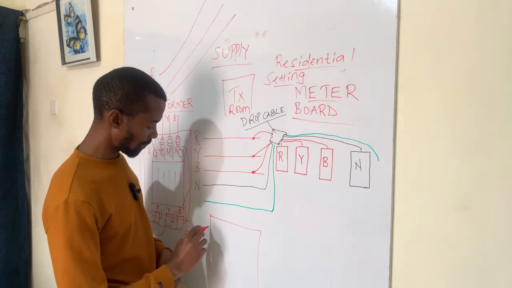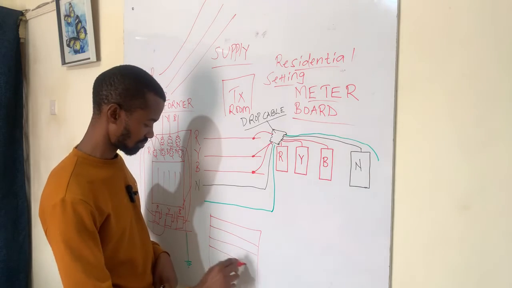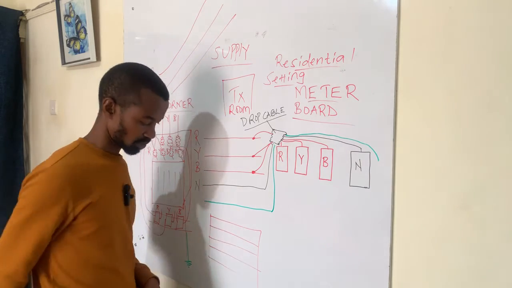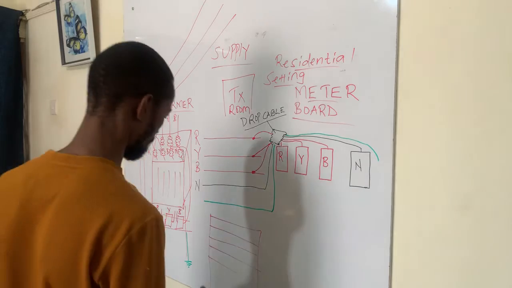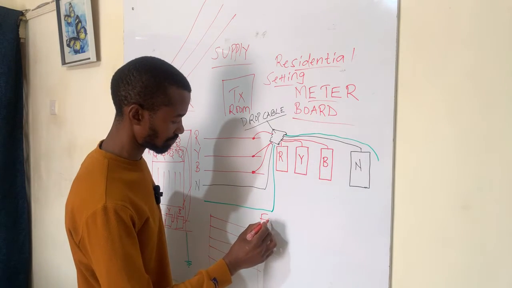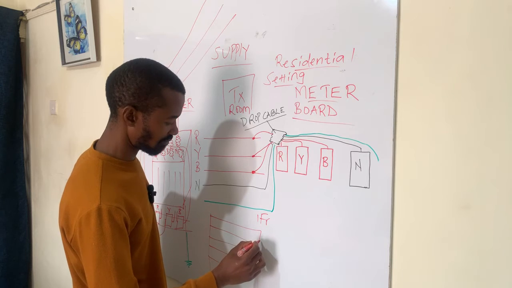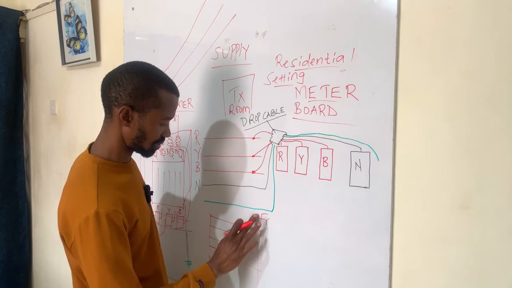Let's say that apartment has, let's say, 4 floors. No, let us do this.